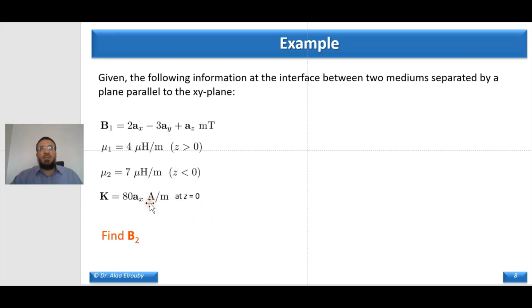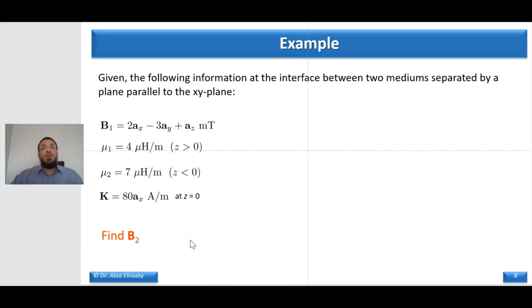Of course, the surface current unit is ampere per meter, and its direction is in the ax direction, and we would like to find B2. B2 is a vector quantity, so finding it means that we find its magnitude and direction.